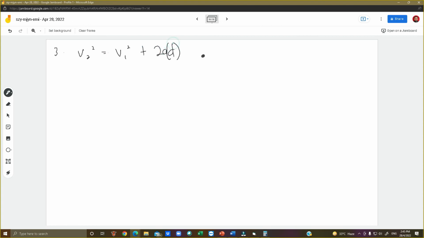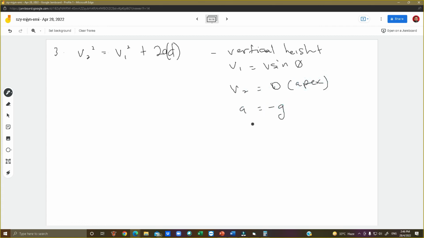This one is for vertical height, where v1 is v sin theta, v2 is 0 at the apex, and a equals negative g.